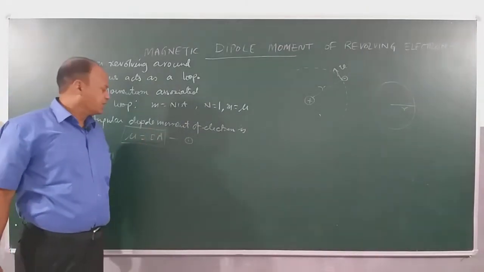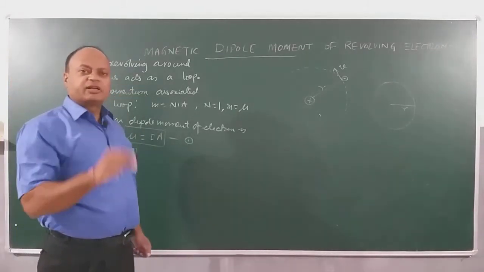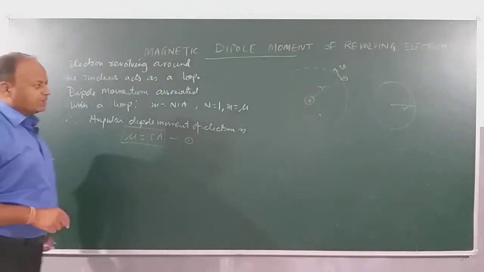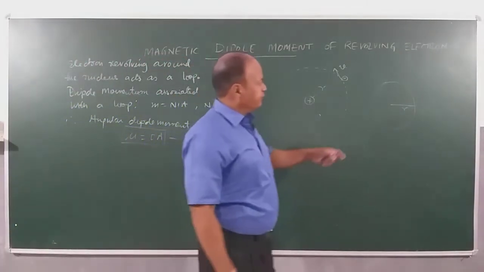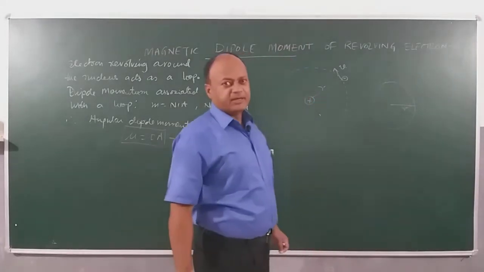Now let us understand it. What is current I? You have done that current I is equal to charge divided by time, and the time it takes for the electron to complete one full cycle is called the time period, right?